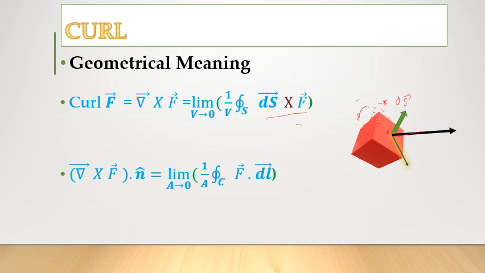Then you make the volume of this small cube go to 0, because I want to consider something at this point only, not over some extended region. While doing so, you always first construct this cross product, then you divide by the volume and do the surface integration not only on this surface, but all the 6 surfaces.